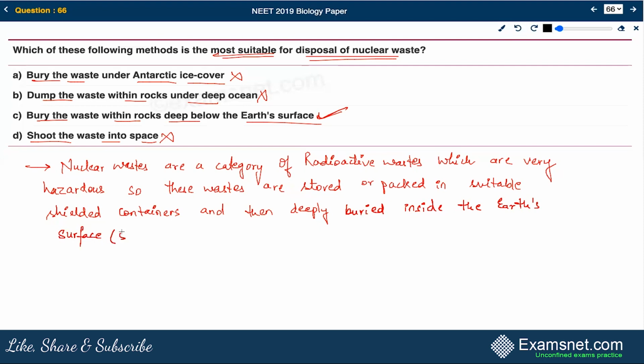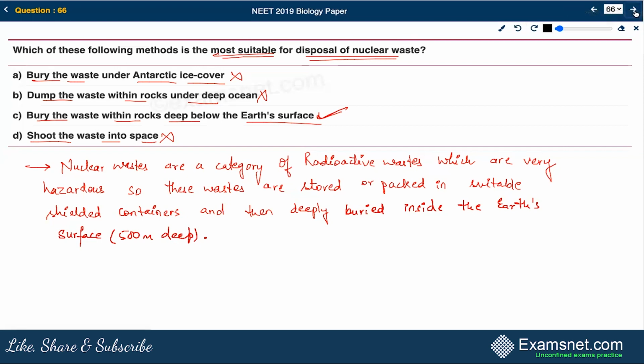And it should be approximately 500 meters deep. All right, then only that won't be able to harm the organisms. So that's why the correct option will be option number C over here.